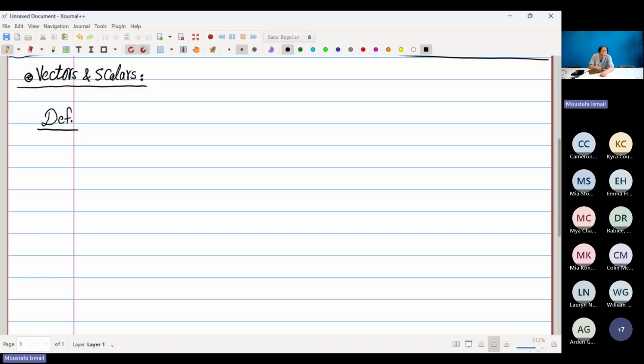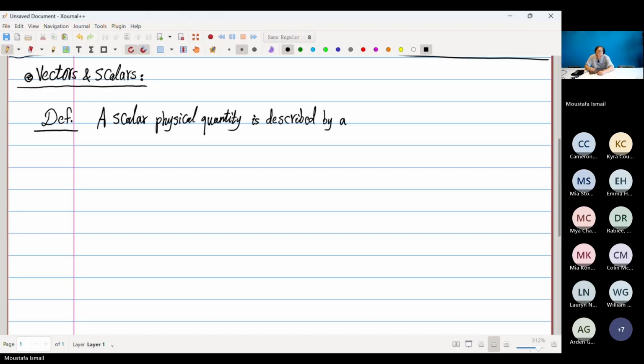A scalar physical quantity is described by a single number with a unit, of course, but no direction.